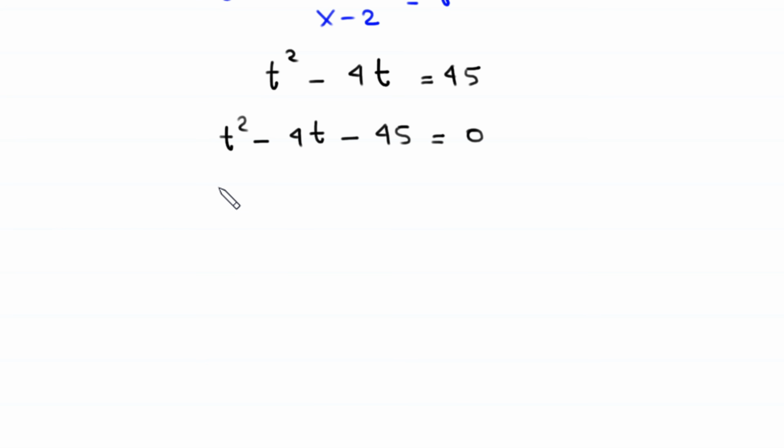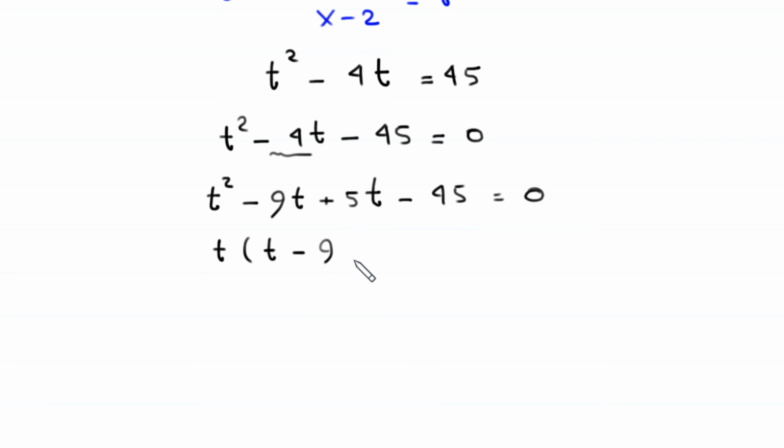We write this t squared, and we break this negative 4t into two terms, negative 9 times t plus 5 times t minus 45 equal to 0. From these two terms we can factor out t. In bracket left t minus 9.